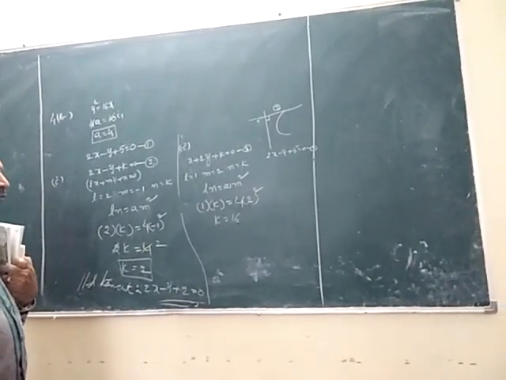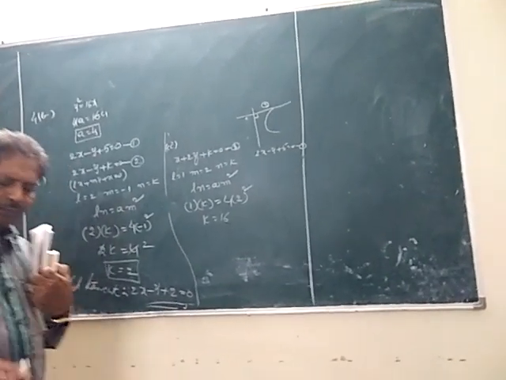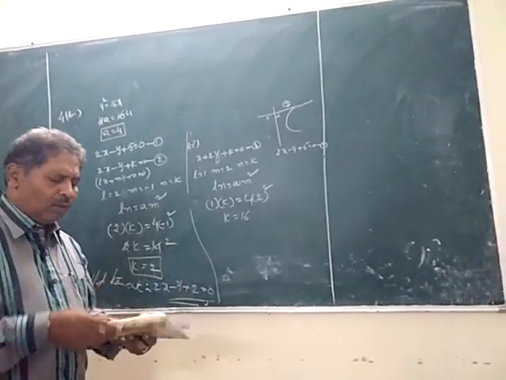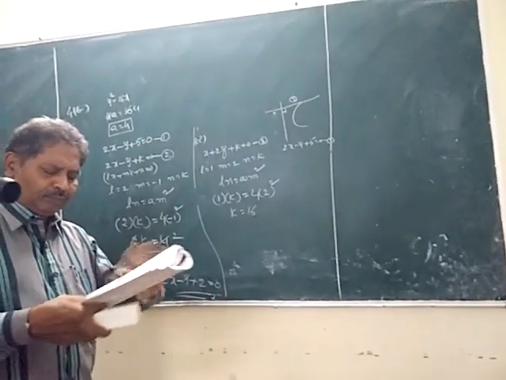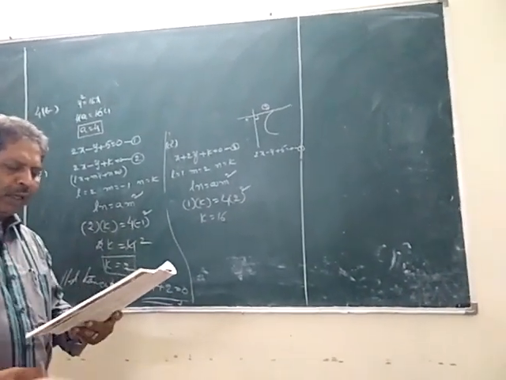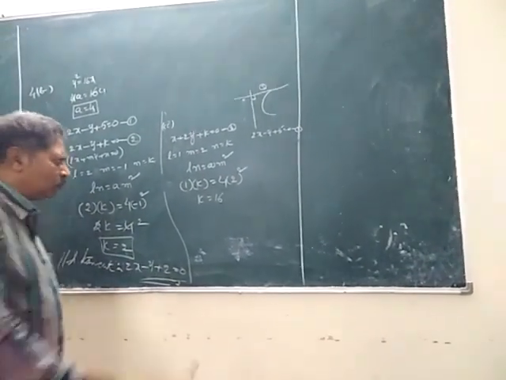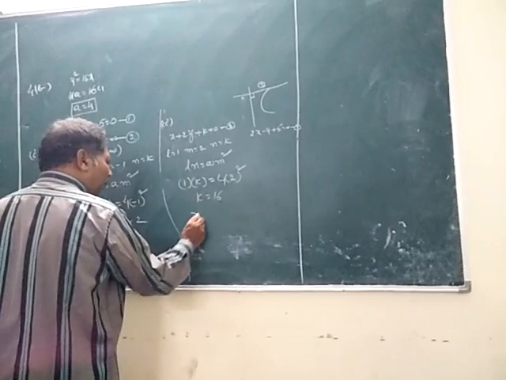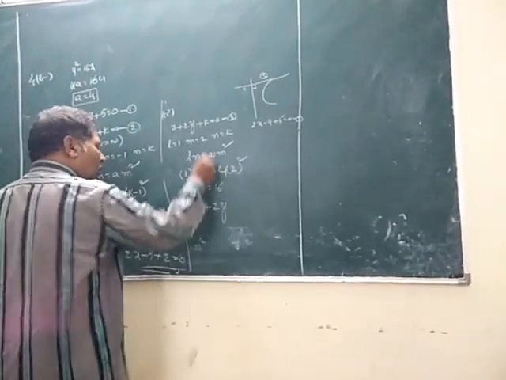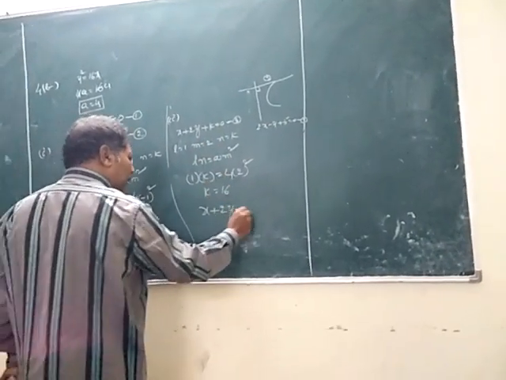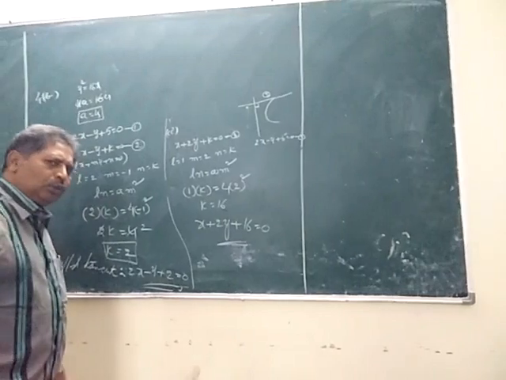Therefore, perpendicular tangent is x plus 2y plus 16 equal to 0.